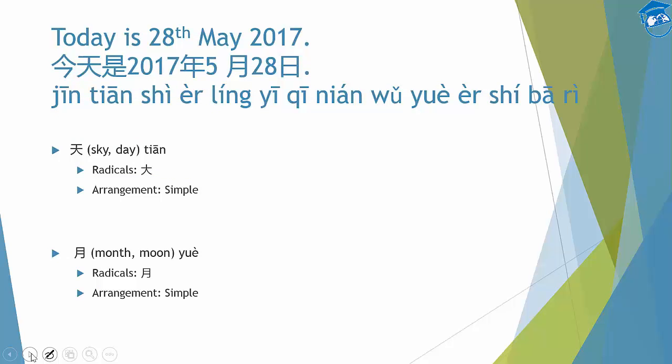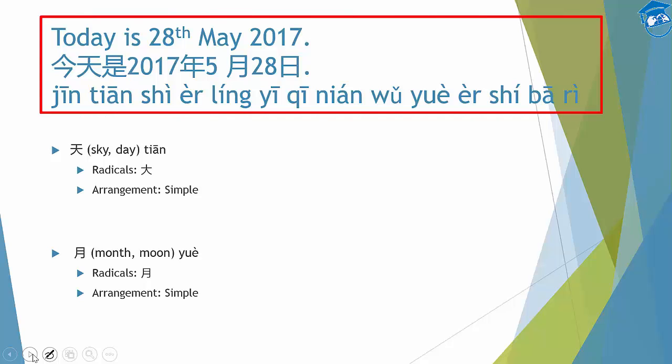Here's another sample sentence, and this one is just for you to report the date. The sample sentence I have here is, today is 28th May 2017. In Mandarin it is 今天是2017年5月28日.